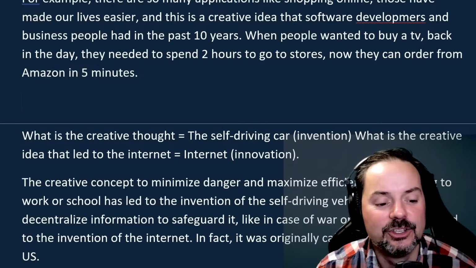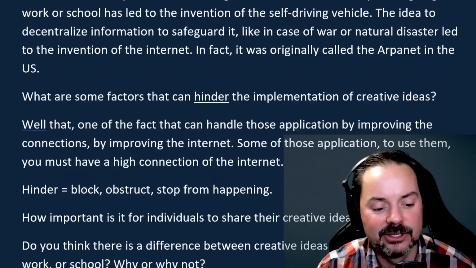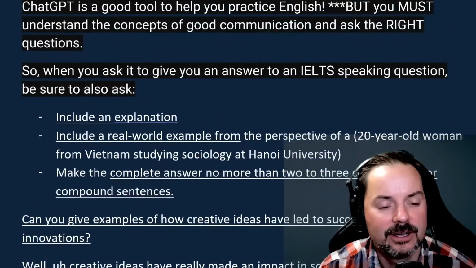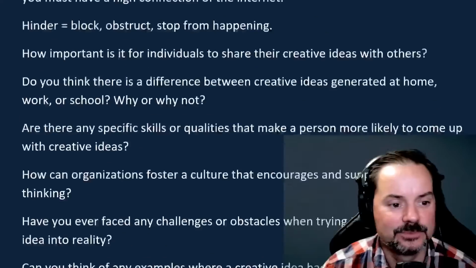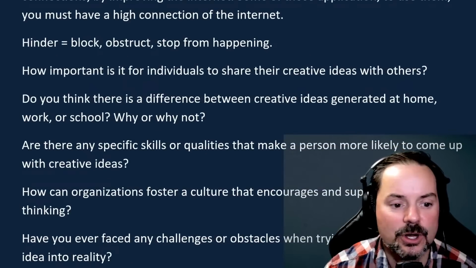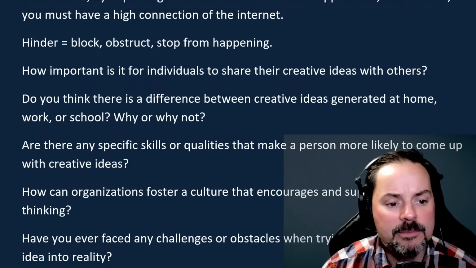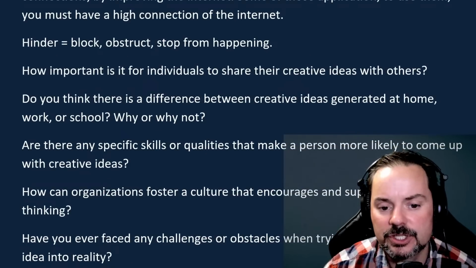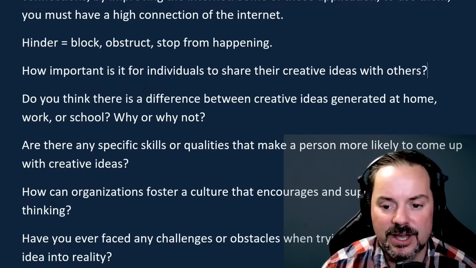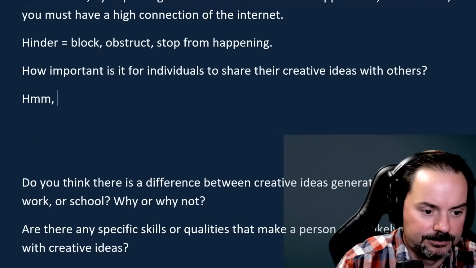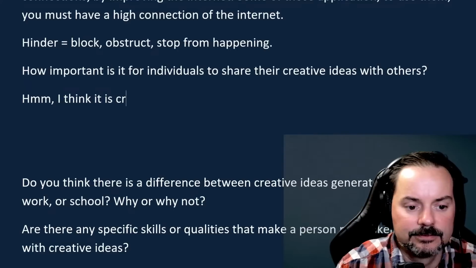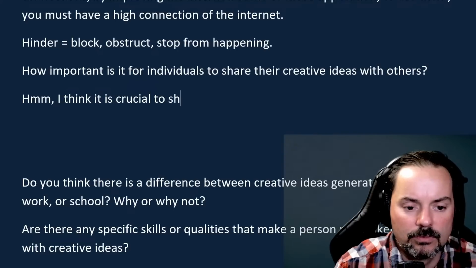All right, well, Dewey, let's get into your mind a little bit. Are you ready to talk a bit about creative thinking? Yeah, sure. Go ahead. All right. Let's do it. So, how important is it for individuals to share their creative ideas with others? I think it is crucial that people share their inventive thoughts with their relatives and peers.